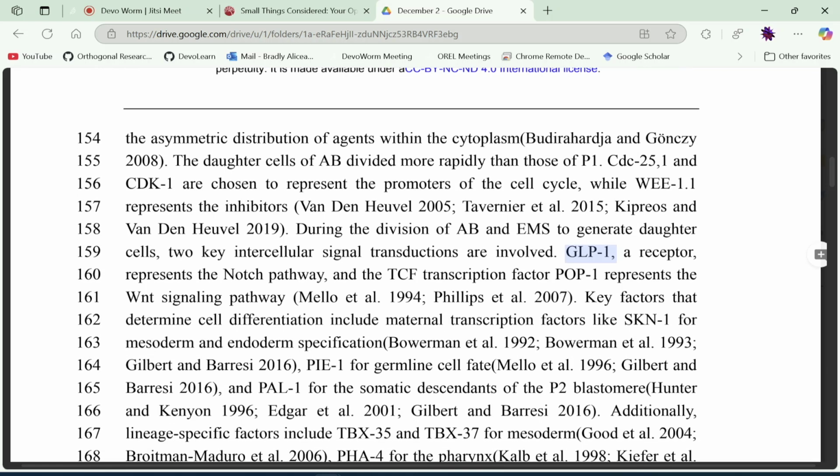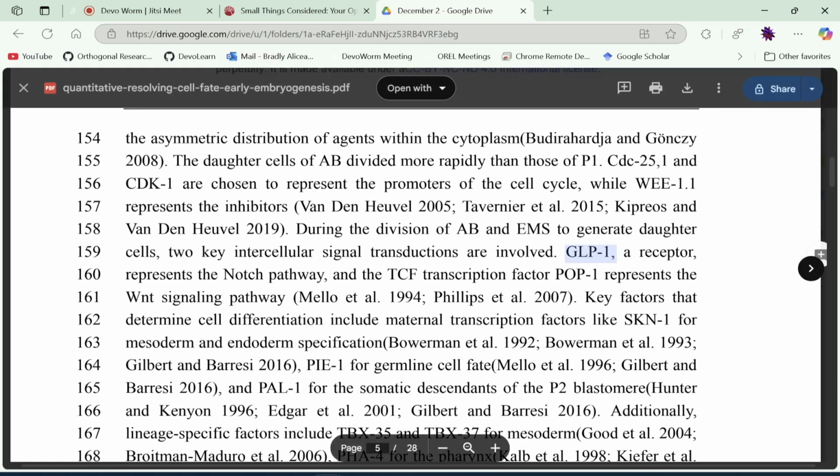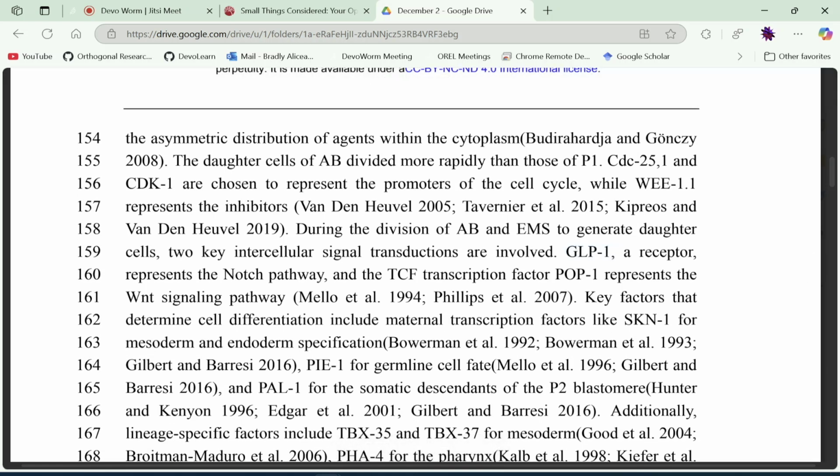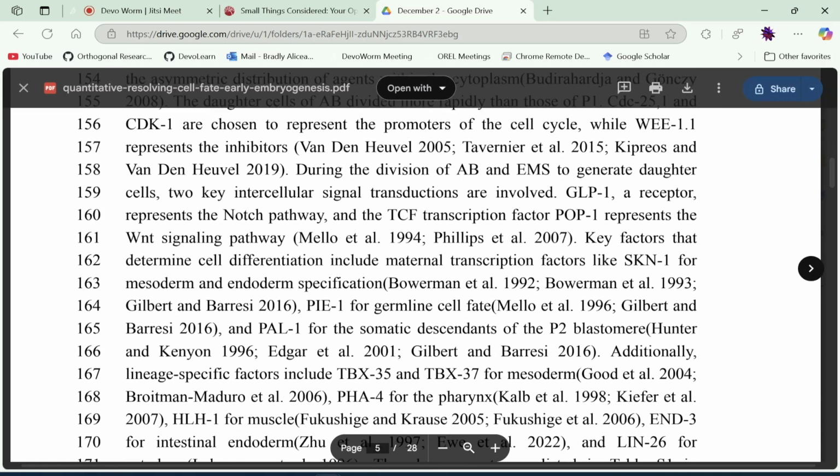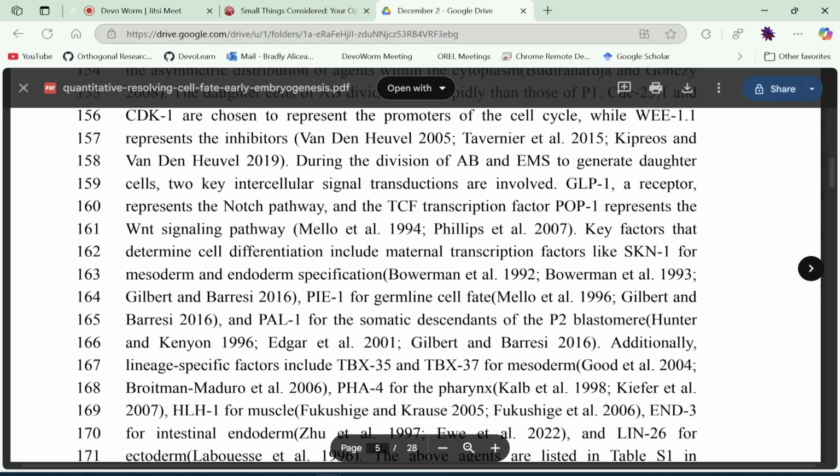GLP-1 receptor represents the Notch pathway, and TCF transcription factor POP1 represents the Wnt signaling pathway. So these are involved in growth and differentiation. This is, of course, across taxa. You see this in Drosophila, you see this in mammals.